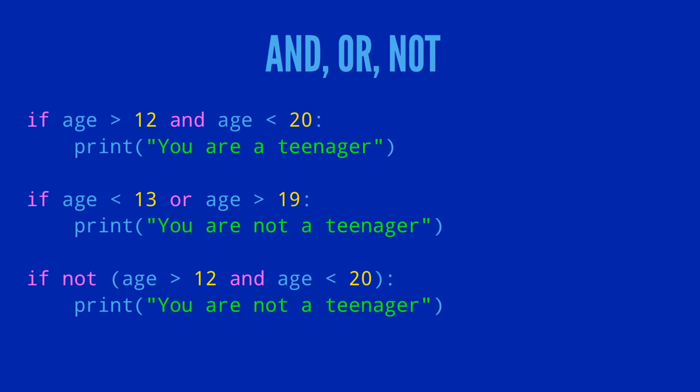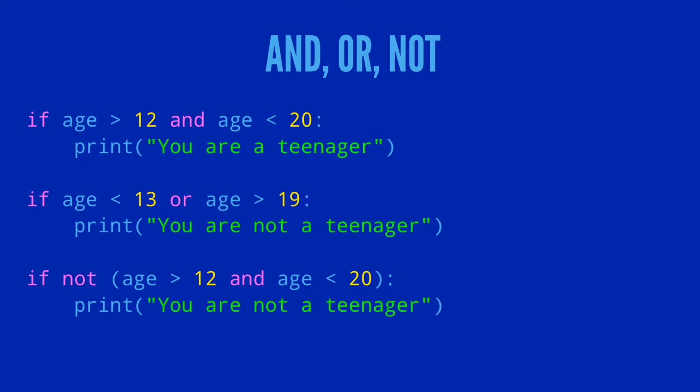And then finally, we have the ability to use this not keyword. And all this does is basically flip the result. So if you're getting a true statement and you put not before it, it will make a false statement. If you have a false statement and you put not before it, it will make a true statement. So in this example here, if age is greater than 12 and age is less than 20, without the not, that would actually just show you that they're a teenager.